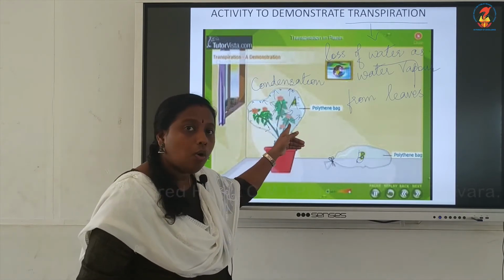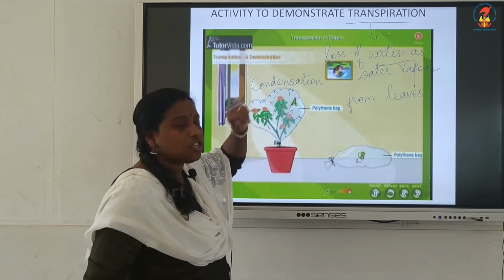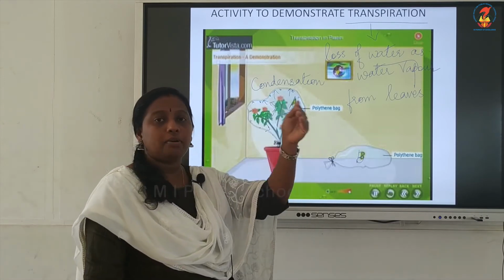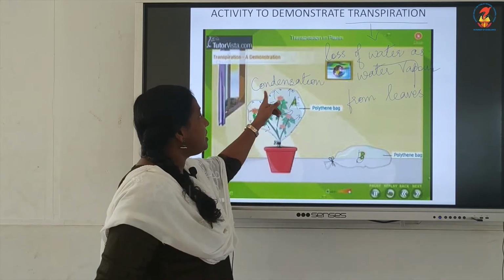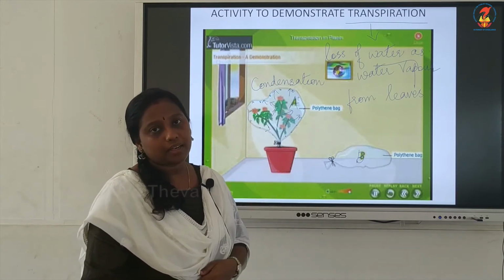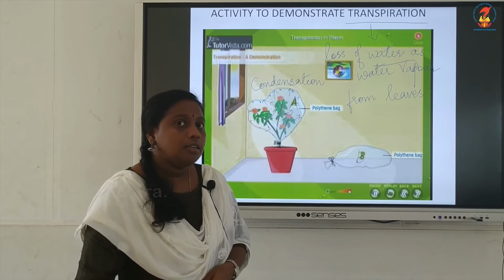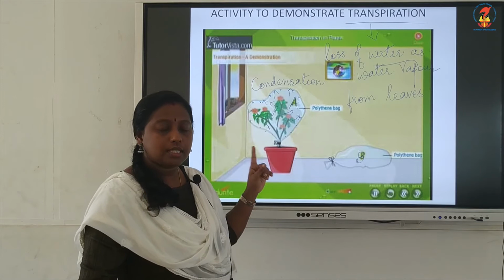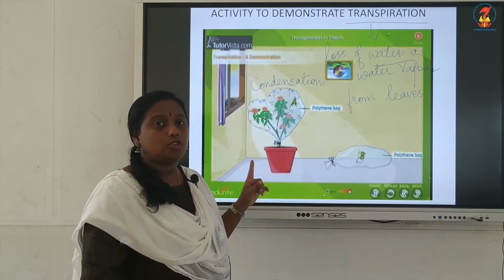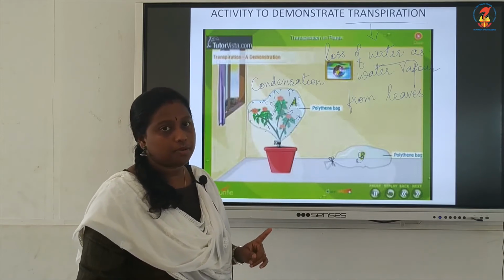It will cool down. The process called condensation will happen and the water vapor will get converted into water droplets. The water droplets will be there on the polythene bag. Is that clear? So, transpiration has occurred here. So this is a clear-cut activity to demonstrate the process of transpiration.